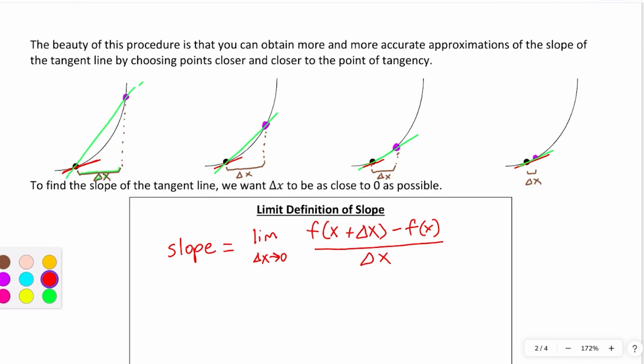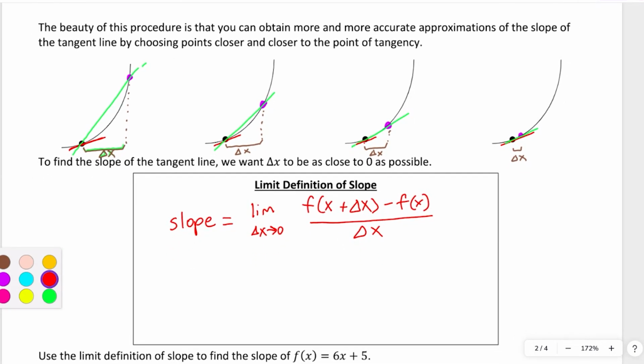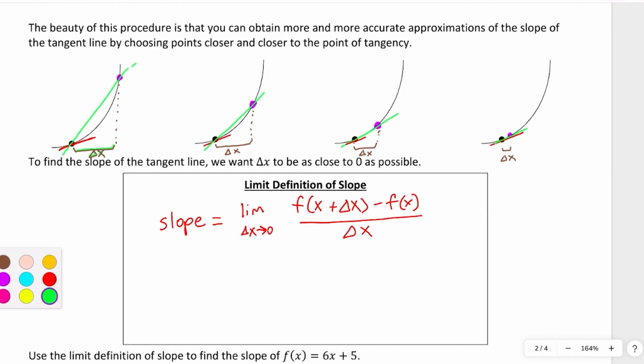Now, this can get a little confusing because you've got the x and the delta x. So oftentimes what you'll see, and I'll just make this transition here and now, although you may see this in some textbooks written like this, but oftentimes we're going to let the letter h be that delta x.